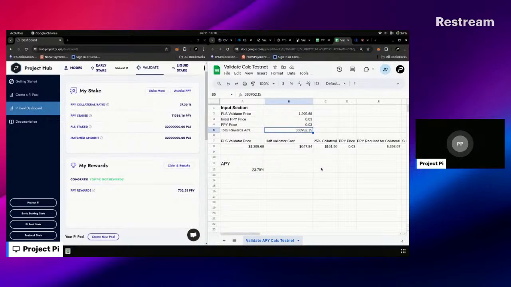Even just taking a step back on our protocol, for every reward cycle, which on testnet is every 8 days, on mainnet it's going to actually be every 28 days, basically close to a month, there will be more PPY that will be inflated into the system.